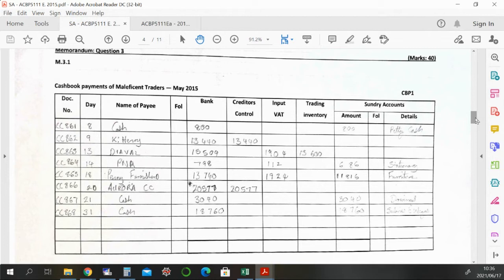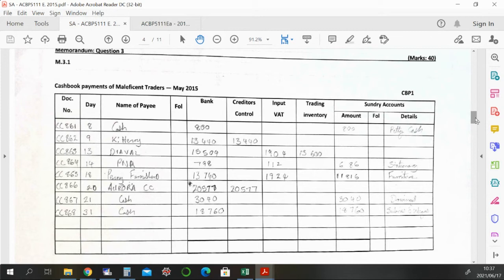That's the Creditors Allowance Journal, and you can see from the source code, OCN, original credit note. Then CC, which we know is the Cash Payments Journal, because that's a check counterfoil. Drew a check for petty cash. The next one again is CC, so that should be Cash Payments Journal.